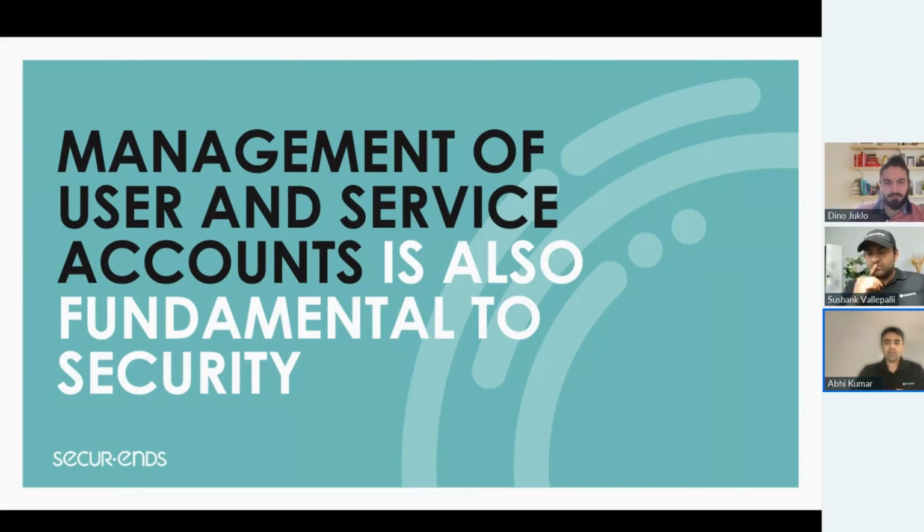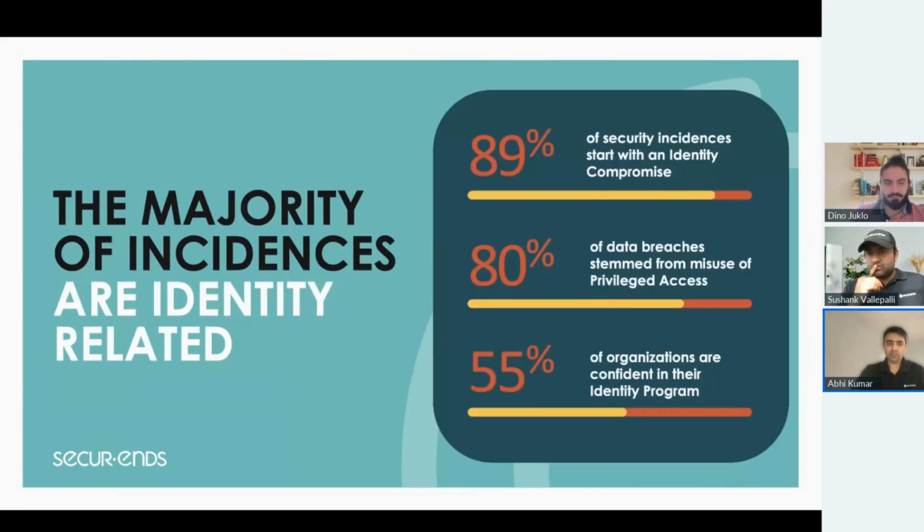And let's get into some of these drivers for it. So, Verizon, I'm sure many of you like me follow the Verizon DBIR report. The latest version came in: 89% of security incidents start with an identity compromise. We all have been implementing MFA. Yep, we know, I wouldn't say easy, but it's possible to work around it.